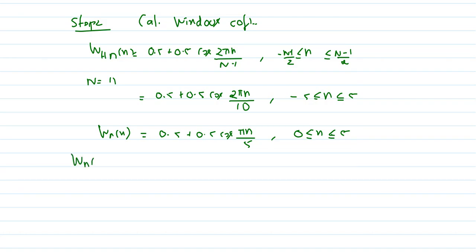So WHN of 0, if you substitute 0, cos 0 is 1, so it is 0.5 plus 0.5, it is equal to 1. Similarly, WHN of 1 is equal to 0.5 plus 0.5 cos pi by 5, it is equal to 0.9045.